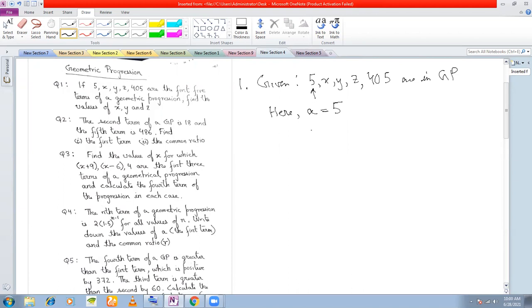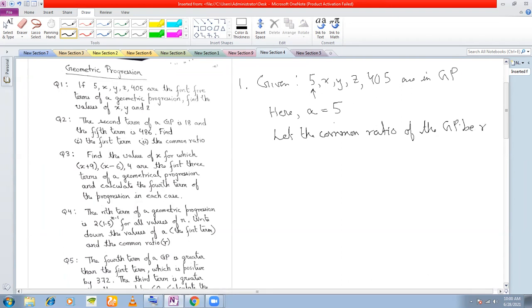What is x here? X is the second term. What is the second term of a GP? If you know the first term and the common ratio, let the common ratio of the GP be R. As I told you, if you know the first term and the common ratio, you can generate the GP.